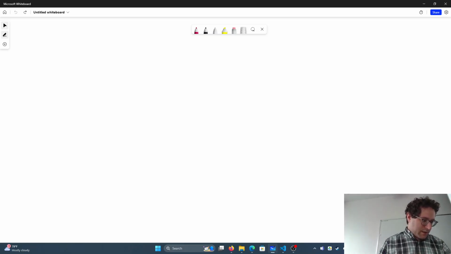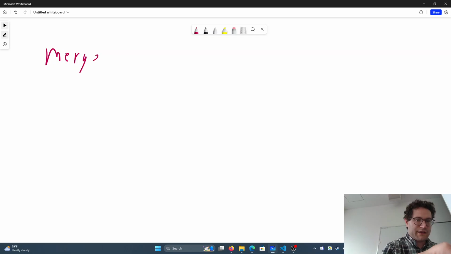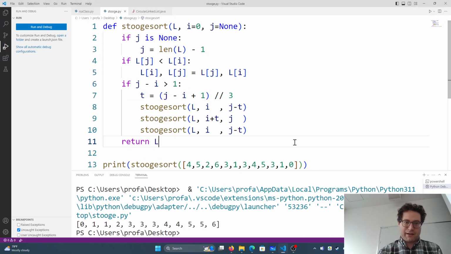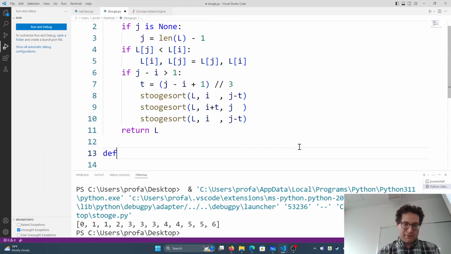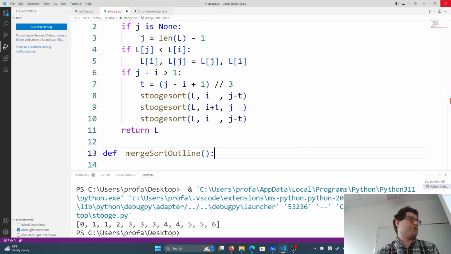Okay, so merge sort. I printed this off from Duke, but basically we can define merge sort this way. Or actually, why am I writing it out? My typing is so much better than my handwriting. Abstractly, I'm going to call it outline, because this isn't going to be a working implementation of code.